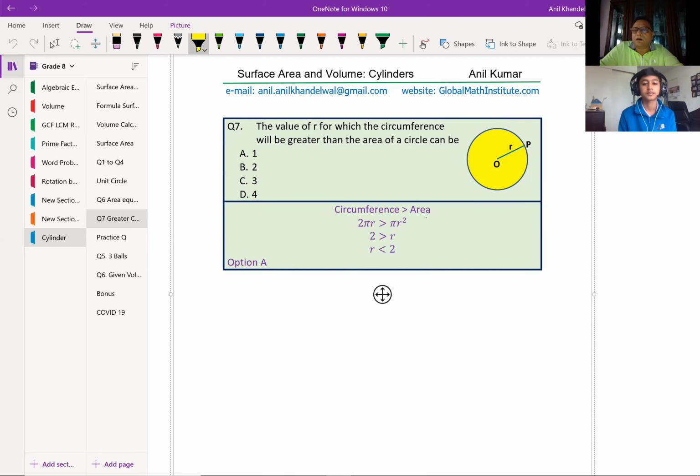Next question is, find the value of r for which circumference will be greater than the area of this circle. You're given 4 choices. Which value of r will give you greater circumference than the area of the same circle?